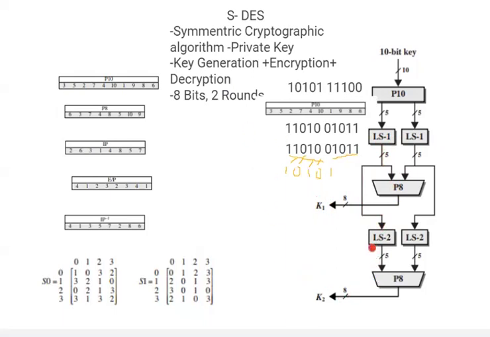Then again merging together the 10 bits and applying the permutation 8 will give you K2. So this is nothing but the key generation algorithm. I hope the key generation algorithm is clear to you.